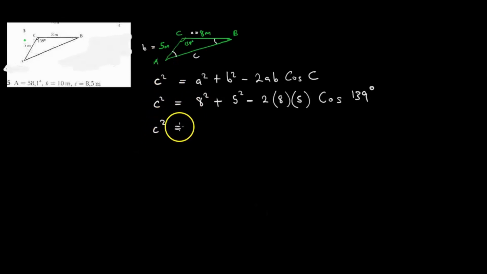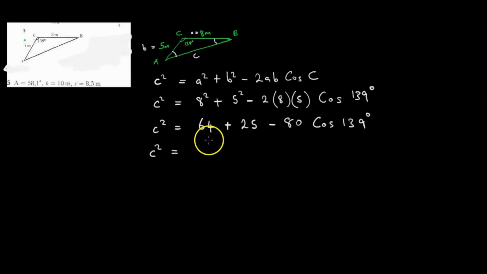So c squared in this case is equal to 8 squared, 64, plus 5 squared, 25, subtracting 2 times 8 times 5. Since 8 times 5 is 40, 40 times 2 is 80. So here it's minus 80 cos 139 degrees.